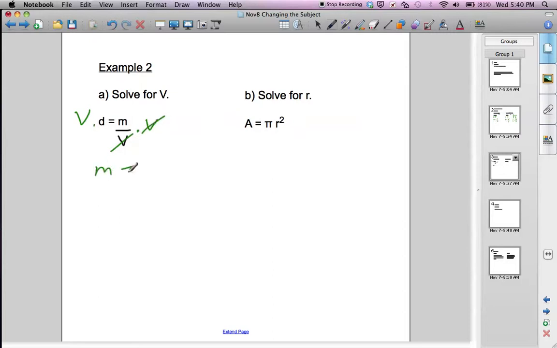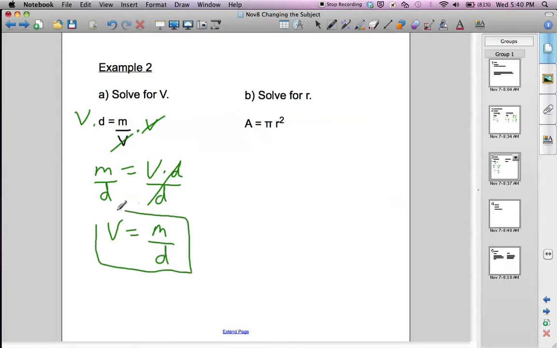Then we have m equals V times d. And we're solving for V, so let's divide both sides by d to get rid of that d. And we have volume equals mass divided by density. So that's how you calculate the volume given mass and density.